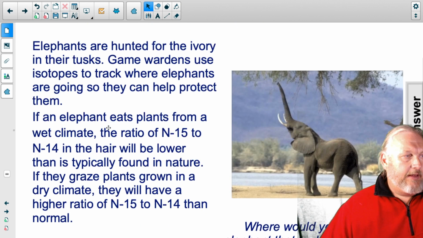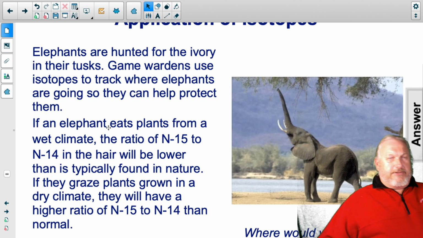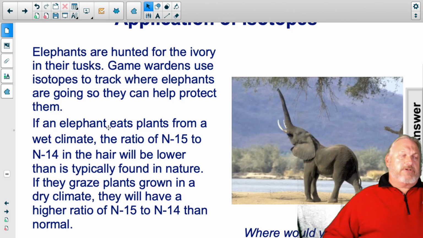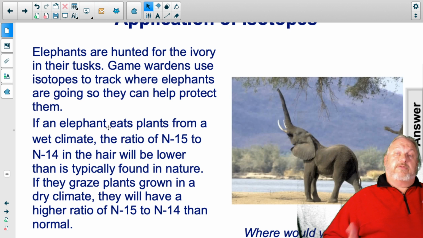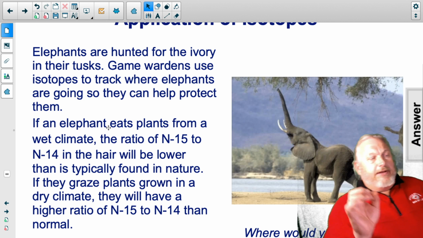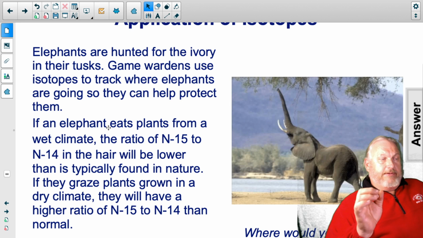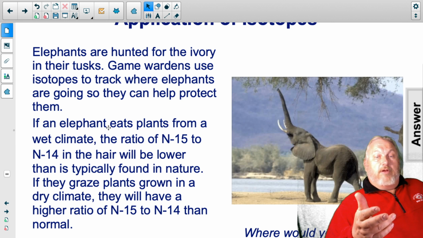So, elephants are hunted for the ivory in their tusks. Why do we even worry about isotopes? Game wardens use isotopes to track where the elephants are going so they can help protect them. If an elephant eats a plant from a wet climate, the ratio of nitrogen-15 to nitrogen-14 in their hair will be lower than is typically found in nature.